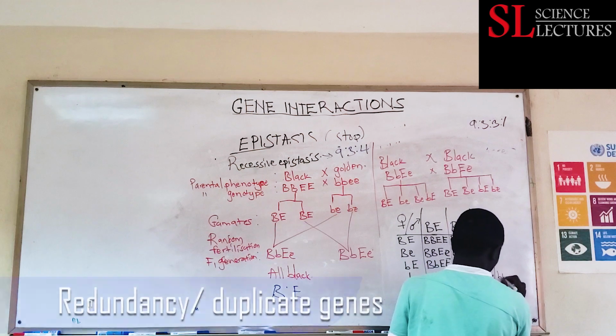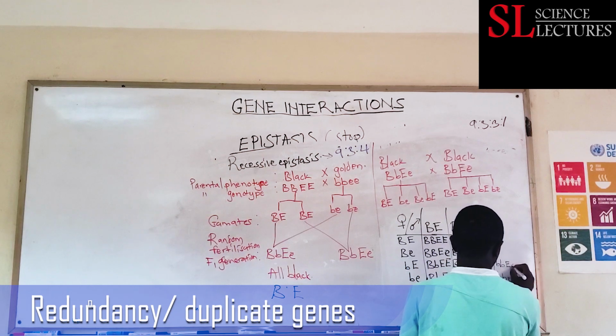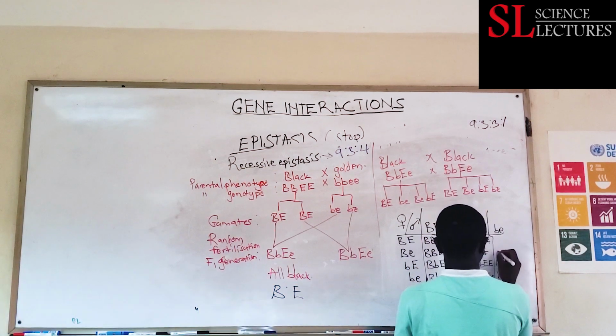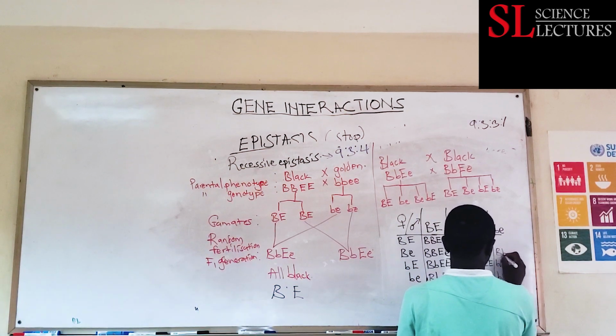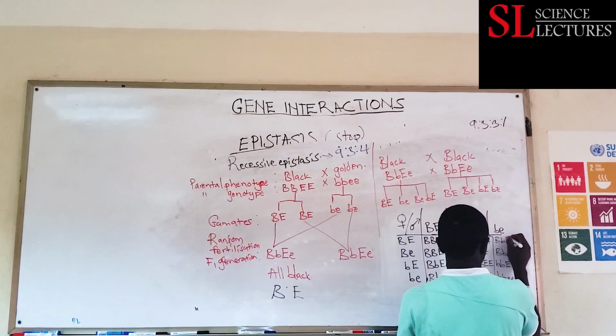I hope you're also completing yours. Yeah. Small b, capital E, small e. Capital B, small b, capital E. I mean small e, small e. Then capital B, small b, capital E, small e.